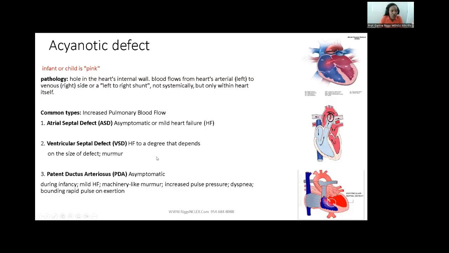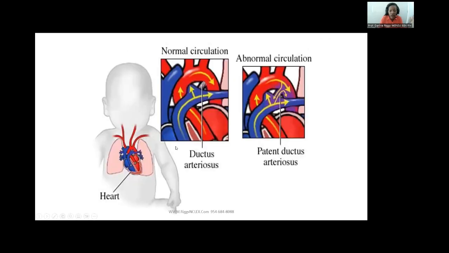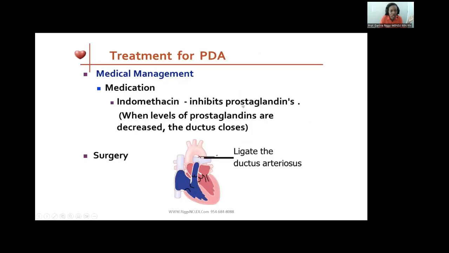So this one we can fix with pharmacological intervention, with medication. But generally, when children are born, they're born with that, and then once they cry, they take their first breath, it closes. But some children, it doesn't, okay? So our drug of treatment is indomethacin. So treatment for patent ductus arteriosus is indomethacin. What indomethacin does, it inhibits prostaglandin.